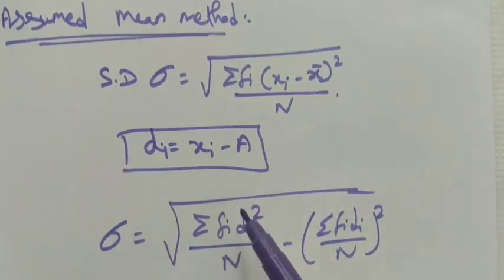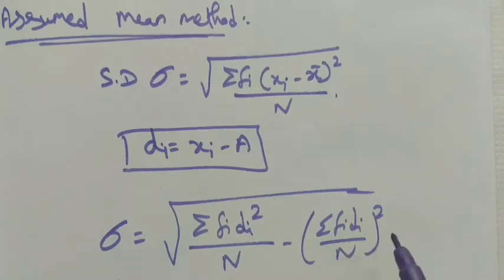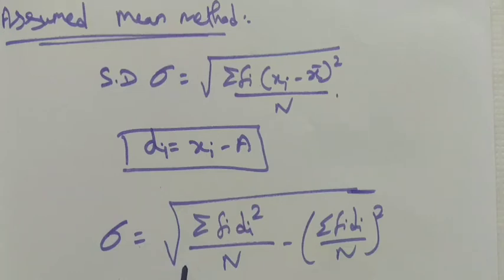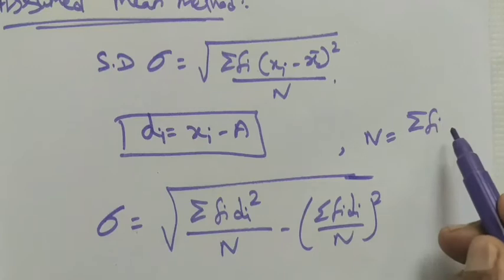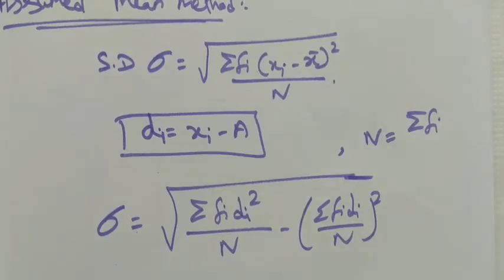So the standard deviation for the assumed mean method for grouped data is root of summation fi di square divided by n minus (summation fi di divided by n) whole square. Here n is equal to summation of fi, the sum of frequency.